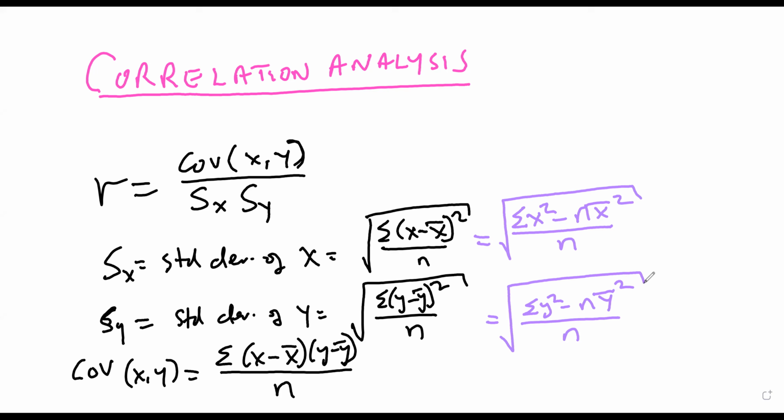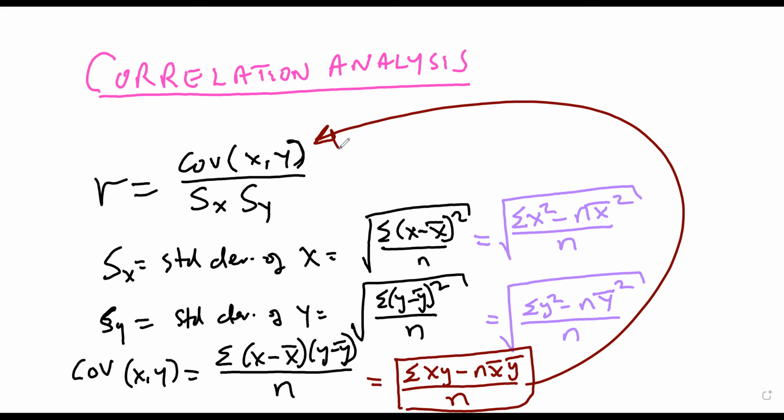And in a similar way, we can also define the last item, which can be written as summation of XY minus N X bar Y bar divided by N. Okay, so you can work out these items independently. Then this one, you plug it up there.